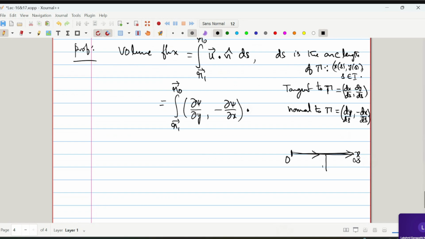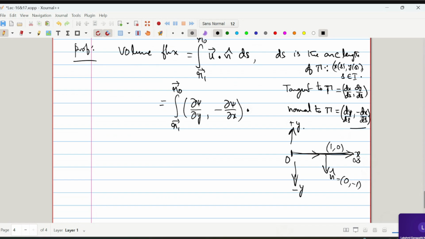The right-hand side is the normal, so this is your outward normal. Here the tangent is 1, 0, so the normal will be 0, minus 1. This is the negative y direction, with this being positive y and this negative y. You understand? That's how you fix this one.